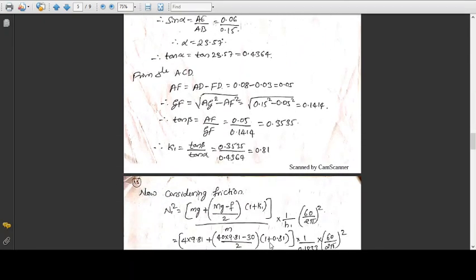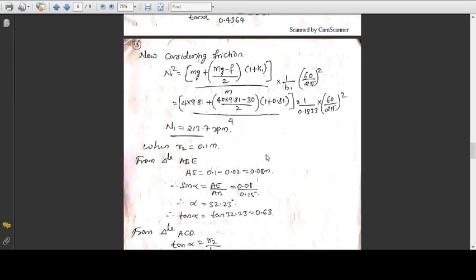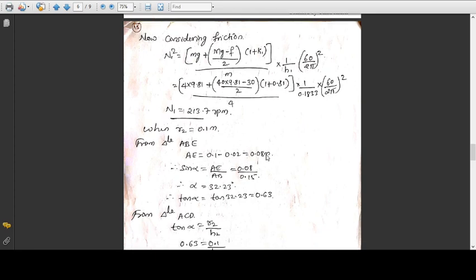Then moving further, once you know the value of alpha and beta, easily you can calculate K. Here we are writing K as K1 because we are considering R1. So K1 equal to tan beta by tan alpha, it will give you the value 0.81 as K1. Now by considering the friction, we'll try to calculate the speed, that is N1.